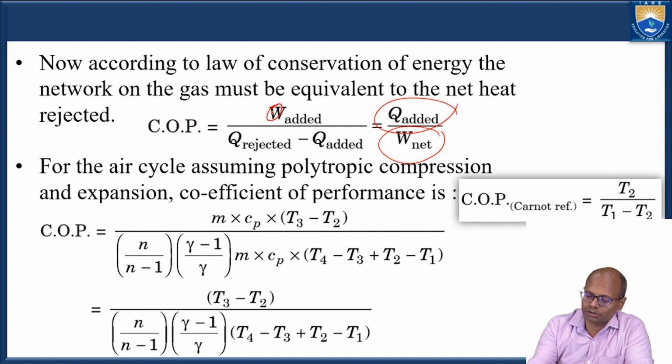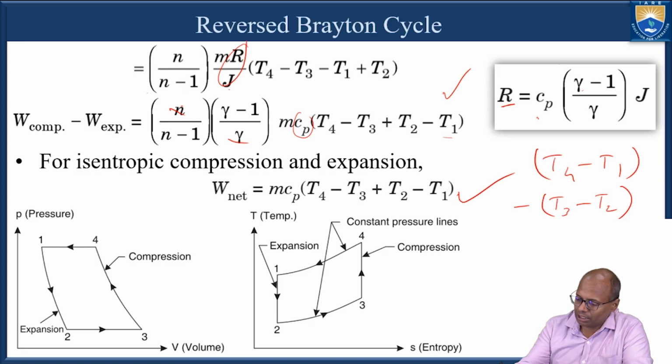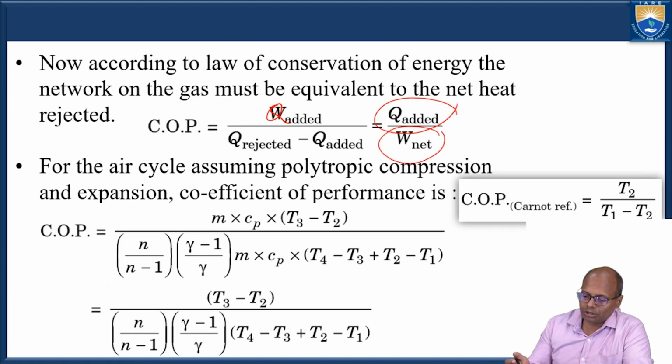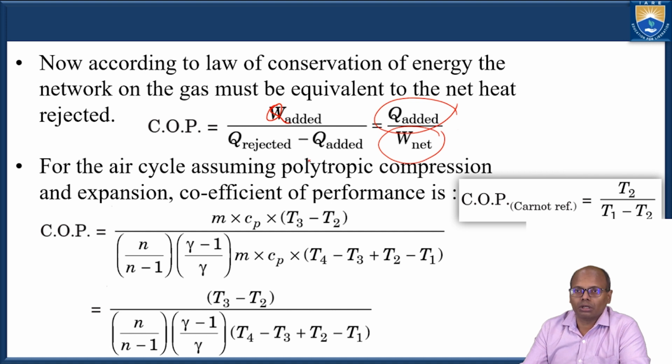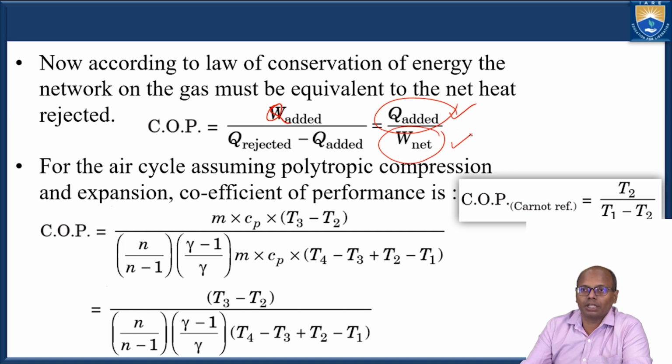Here it should be Q. So the net work supplied to the compressor is, as I discussed in the previous slide, the difference between heat rejected minus heat absorbed. So the same thing is shown here. Okay. Now what is this? This is heat added divided by net work done. Heat added by net work done gives the COP.